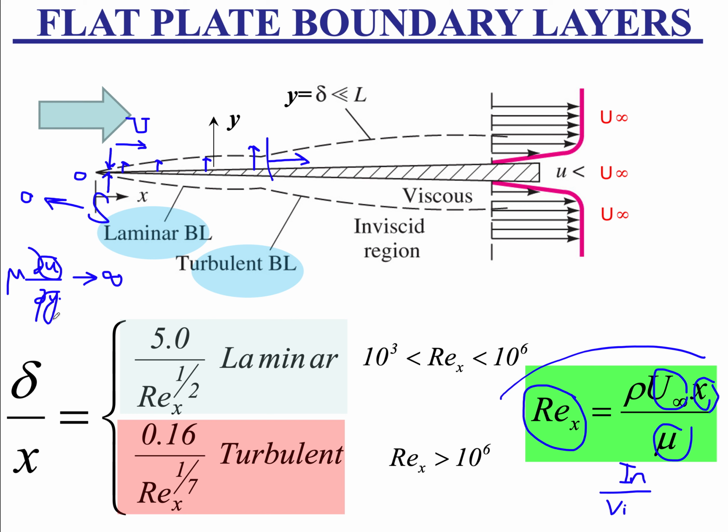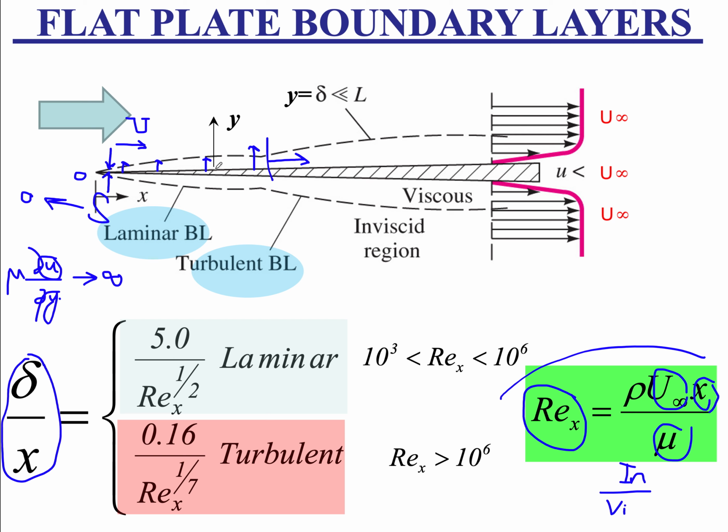So I'd better know what the growth rate of delta with x is. Many people have worked on this before and put it in papers, and people have taken it into books. So we're going to take this result at face value.